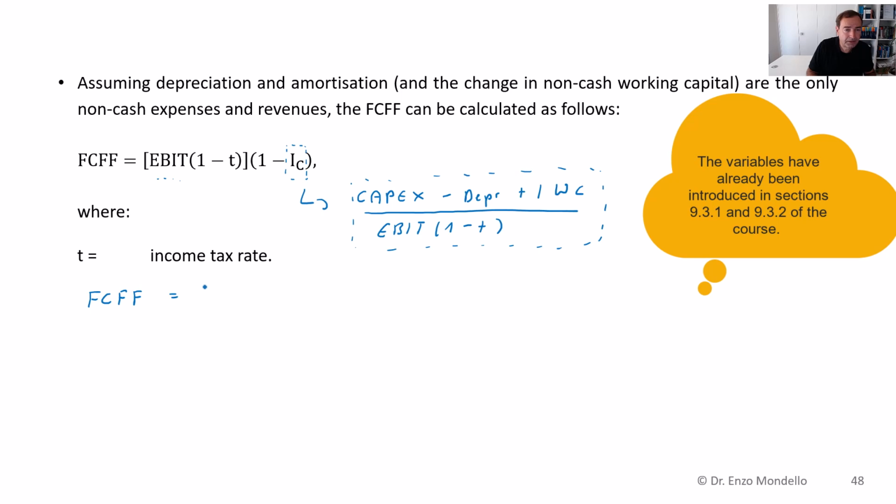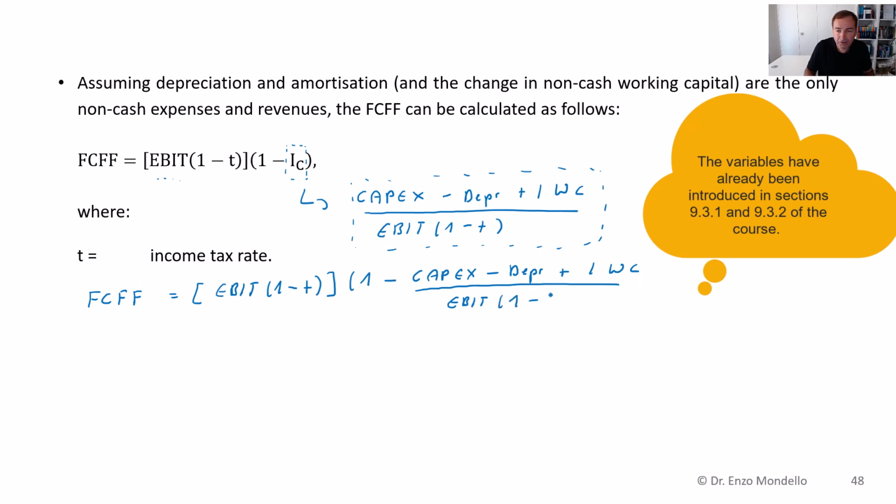That's the EBIT. We take the EBIT operating income and multiply that with 1 minus the tax rate, and that's multiplied by 1 minus the reinvestment rate of total capital. That's the capital expenditures minus depreciation plus the investments in non-cash working capital, divided by the EBIT times 1 minus the income tax rate.